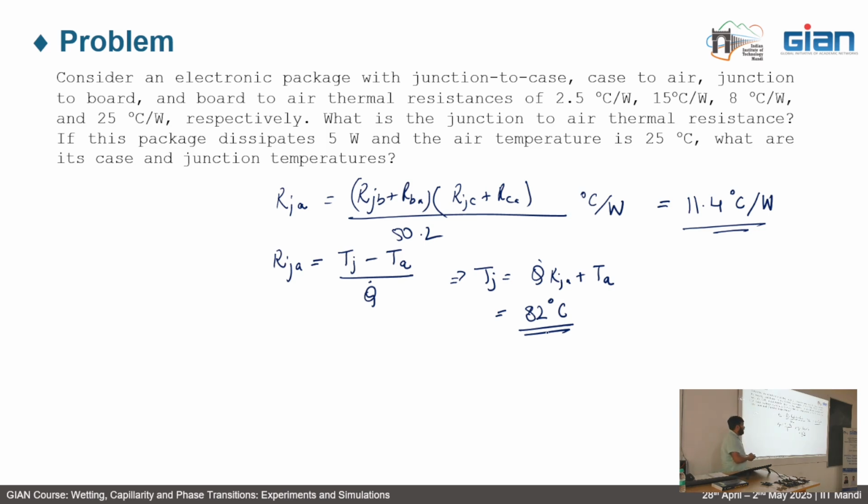You can also see that if the resistance had been 15 degrees higher, this would have been close to 97 degrees centigrade.